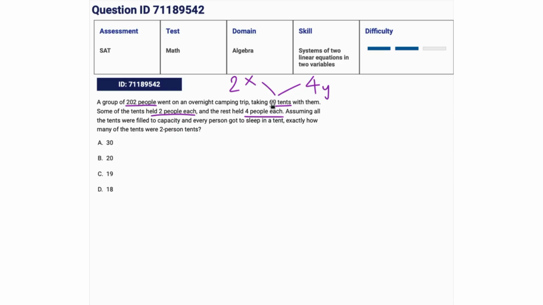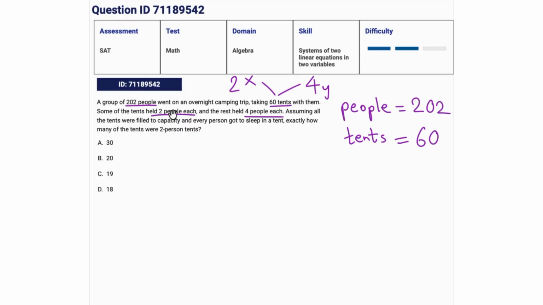First of all, we have 2 things that we're talking about here: people and tents. First of all, people. How many people are there? 202 people. Tents, 60 tents.